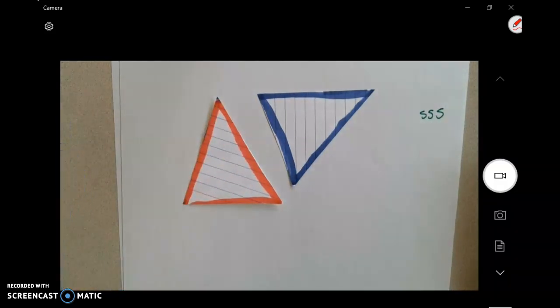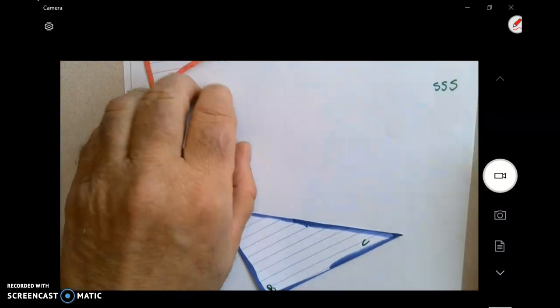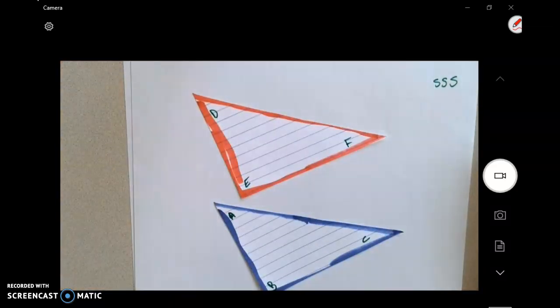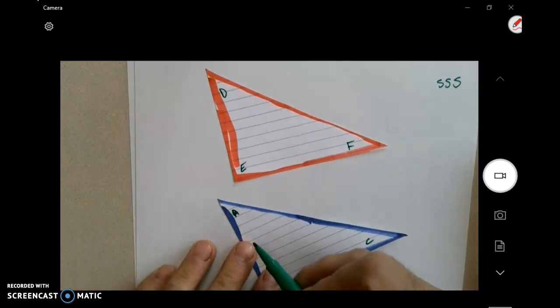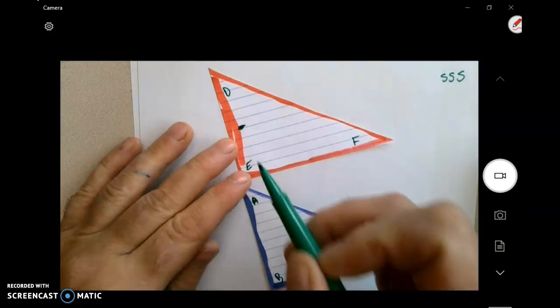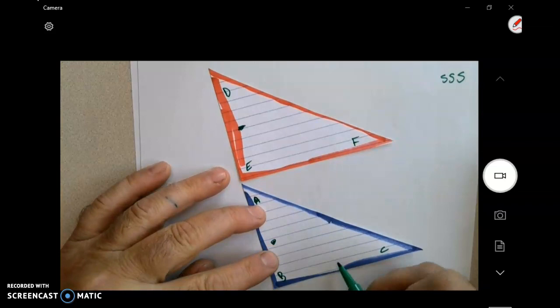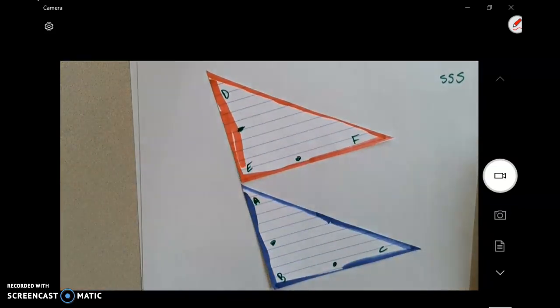Now, if I take my original triangles and play with them a little bit here, and I say, hey, I have this side, DE, this side here and this side here are the same. This side here and this side here are the same, the EF and the BC.